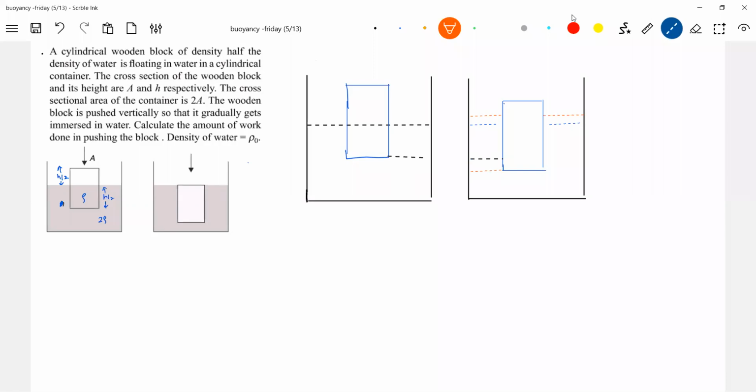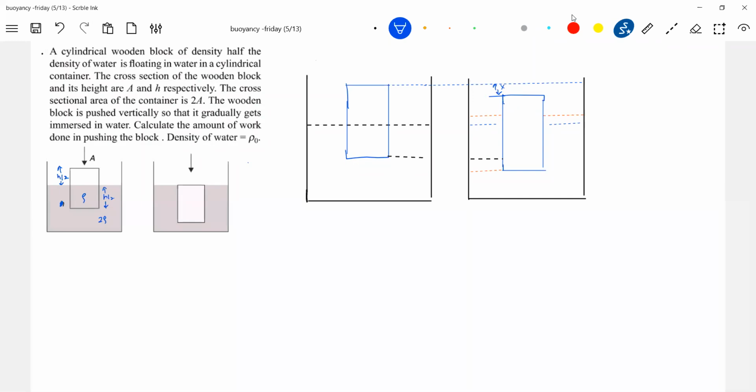You can see now here how much it was. It's all about the diagram. Once you are sure about this diagram, some X length is immersed, no?